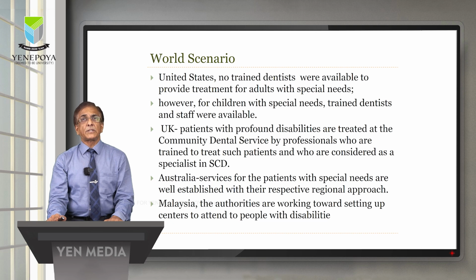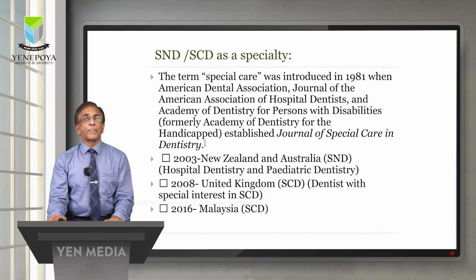In the UK, patients with profound disability are treated at community dental services by professionals trained to treat such patients, who are considered specialists in special care dentistry. In Australia, services for patients with special needs are well established with a regional approach. In Malaysia, authorities are working towards setting up centers to attend to people with disabilities.